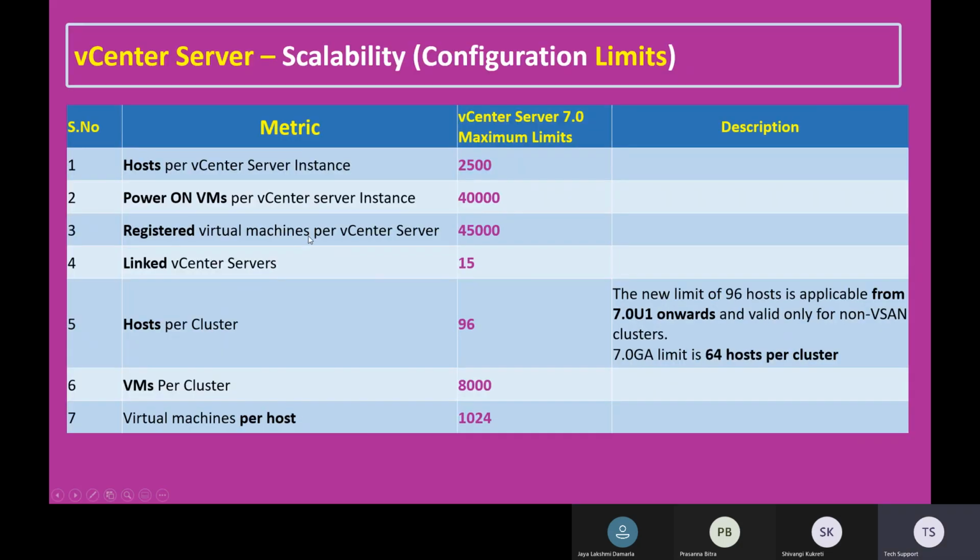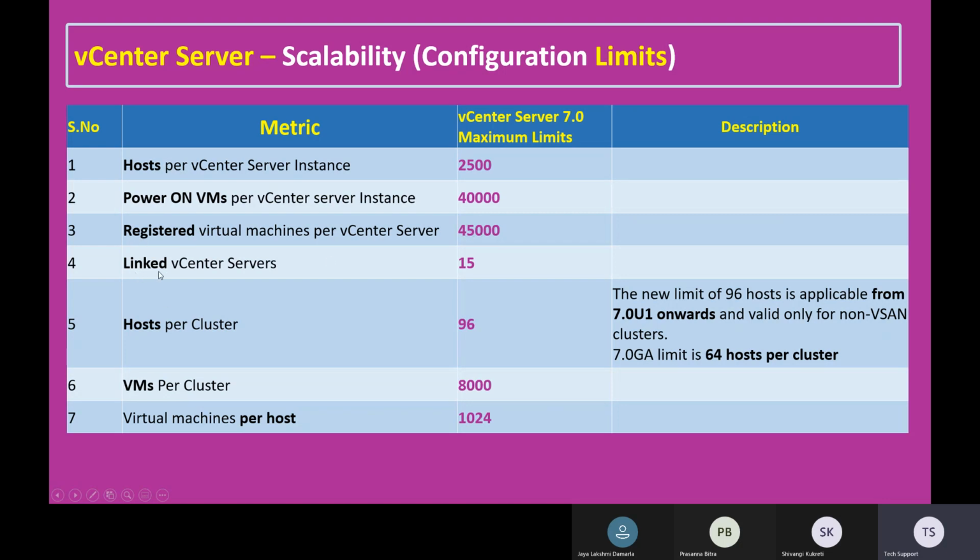And registered virtual machines supported are an additional 45,000. Registered includes both power on and power off VMs. But the power on VMs supported is 40,000. Even if you have 40,000 power on VMs, and you also have power off VMs, you can maintain up to 45,000.